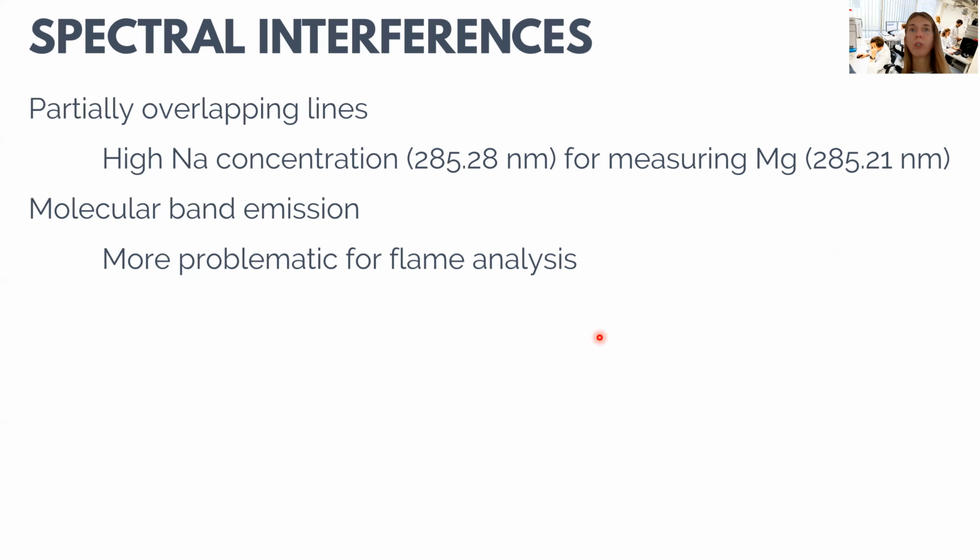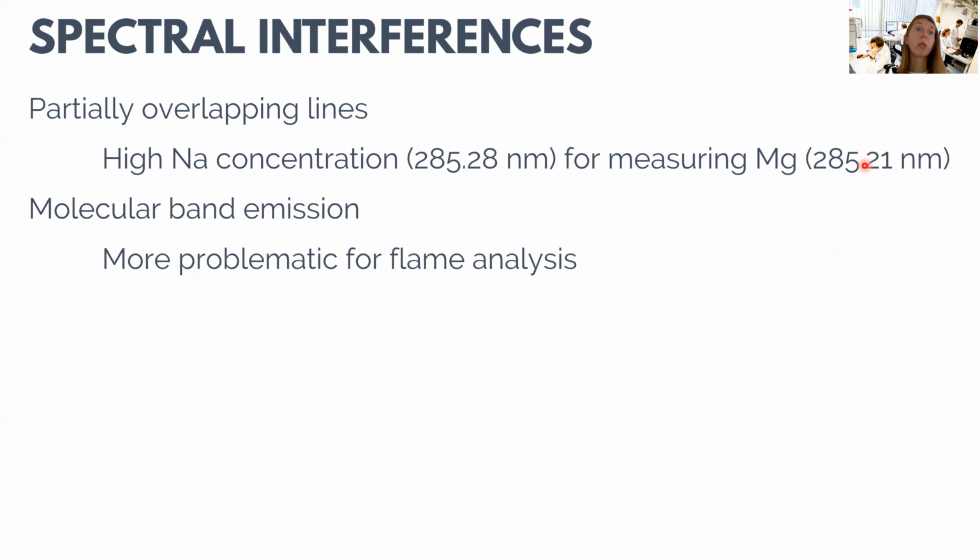This is not very much of a problem if the analyte line is much more intensive than the interferent line. But for example, measuring magnesium in the presence of a very high concentration of sodium, the sodium line, which is relatively close to the magnesium line, can become a problem, because at high concentration, sodium lines become very wide, very intensive, and they may interfere with the magnesium detection.